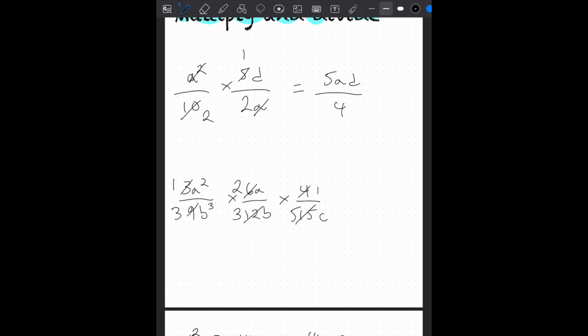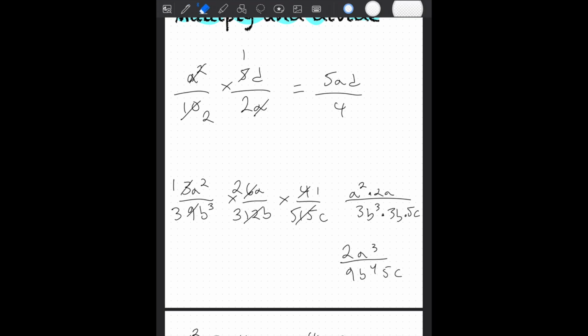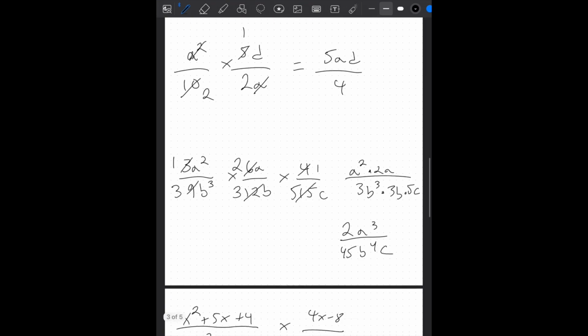So we'll have the a squared from there times 2a all over 3b times 3b times 5c, which can just be condensed into 2a to the 3 over 9b to the 4 times 5c, which is just 45. Nice.